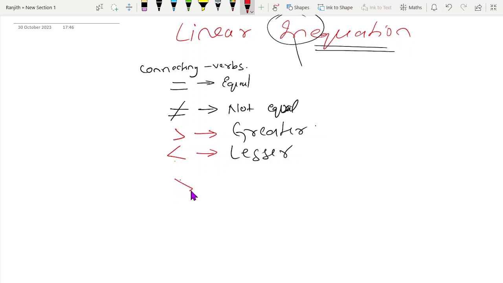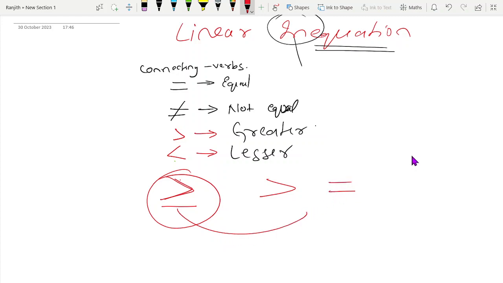Then there is another symbol like this. How many symbols are there in this? Greater than, and can you see this bottom one is equal to?